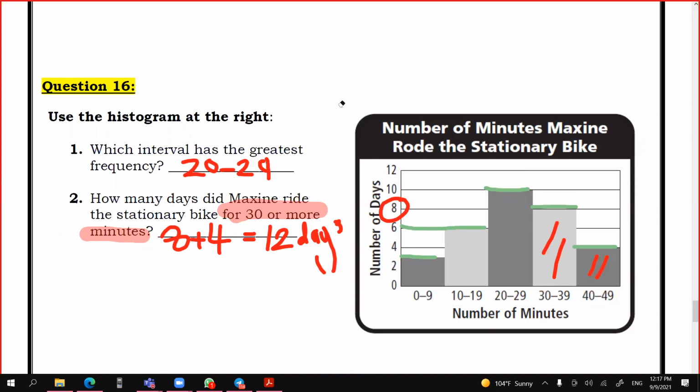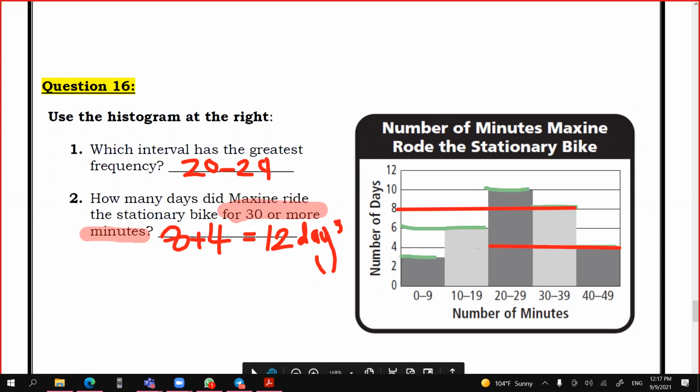How can I find it? Just go to the first one. How many days for the first frequency? It was 8, and the second one was 4. Then you add 8 plus 4. Do you have any question?